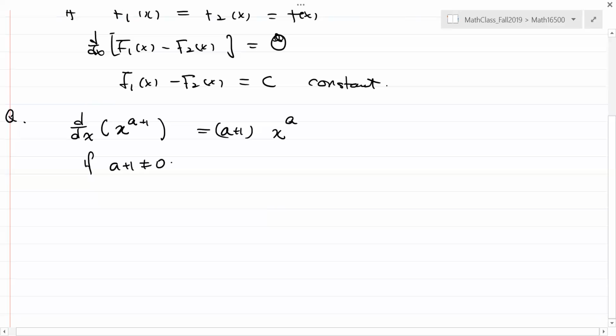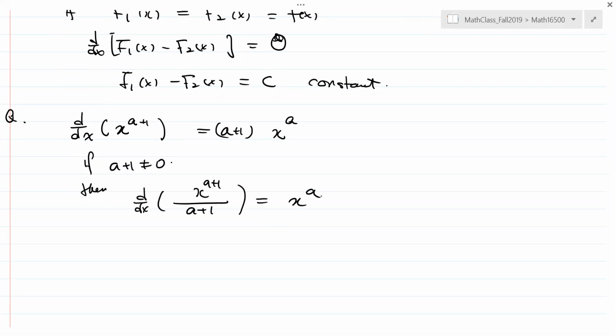Otherwise, it's just the derivative of x to the 0, which is 0, right? Then you will see that the derivative of this function is x to the a. Divide both sides by a plus 1, because a plus 1 is not 0.